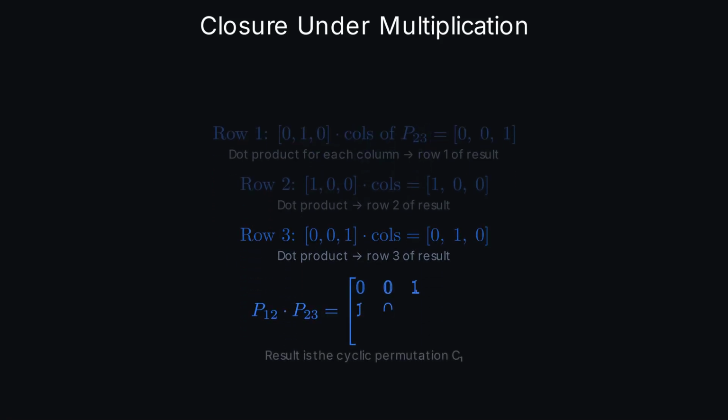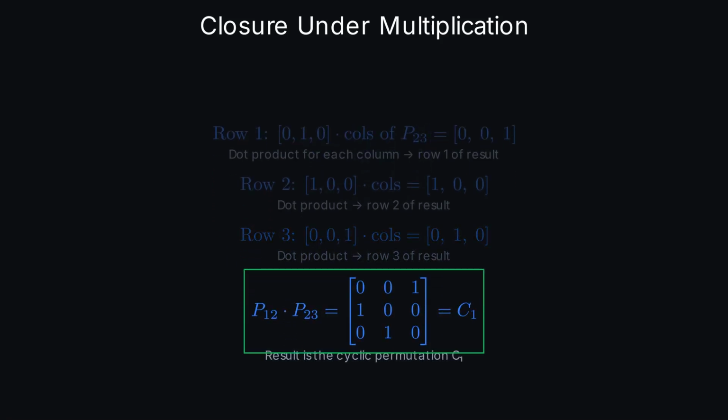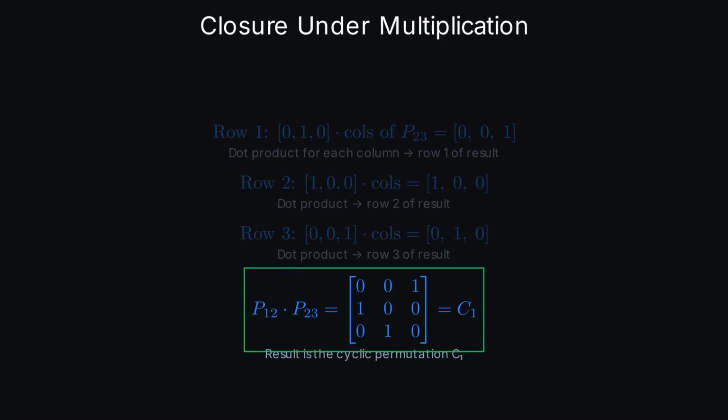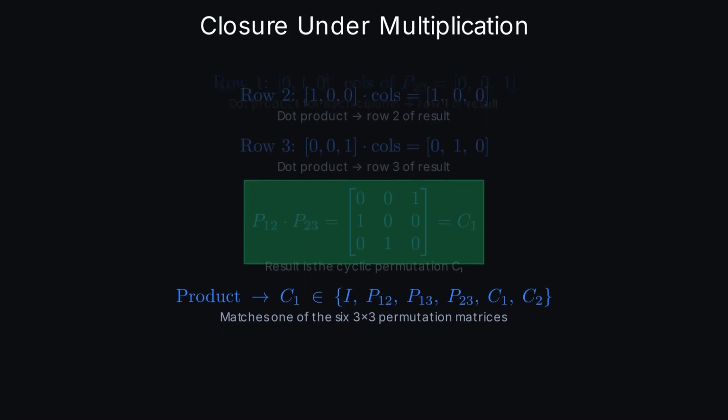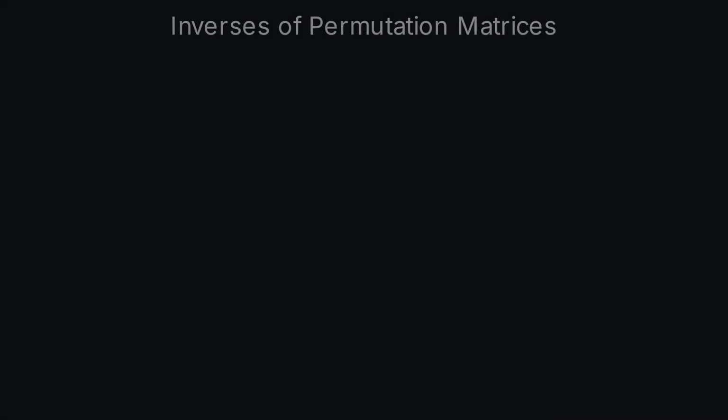So the product matrix is 0, 0, 1, 1, 0, 0, 0, 1, 0. That's exactly the cyclic permutation matrix C1 from our earlier list of 6. A swap followed by a different swap produces yet another permutation. The product never leaves the family.